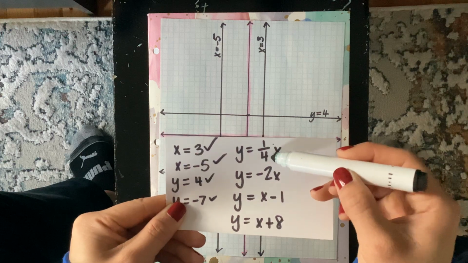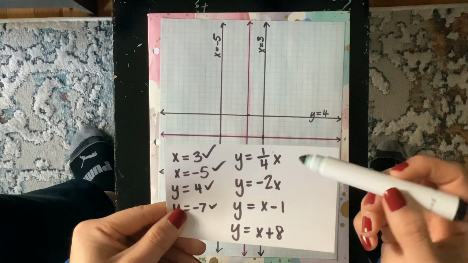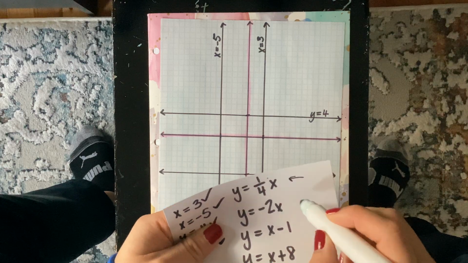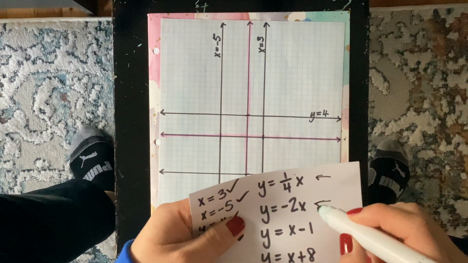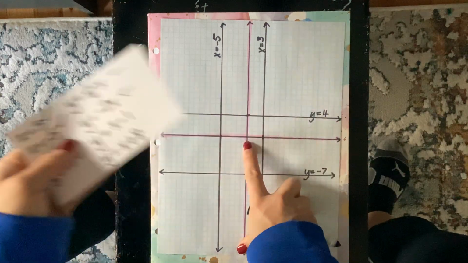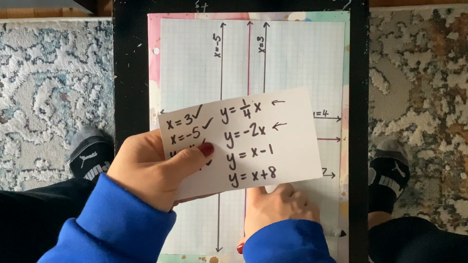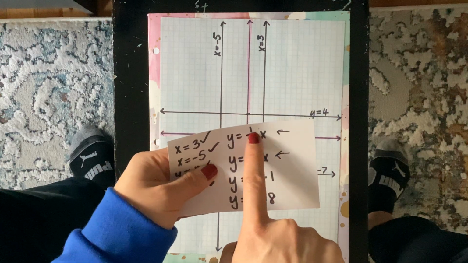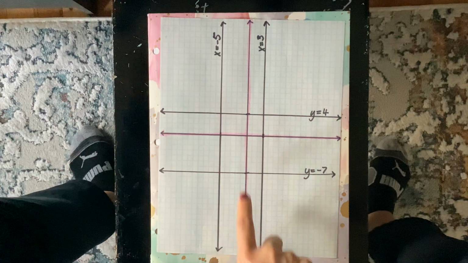So up 1 over 4. And proportional functions, remember, are going to include the origin. So I'm going to actually start in the middle to graph those. So this first one, y equals 1/4 x, up 1 over 4, starting from the middle.